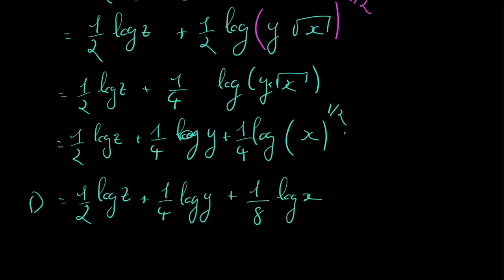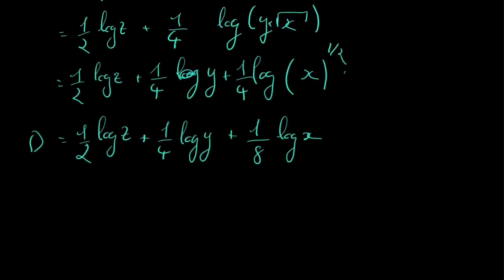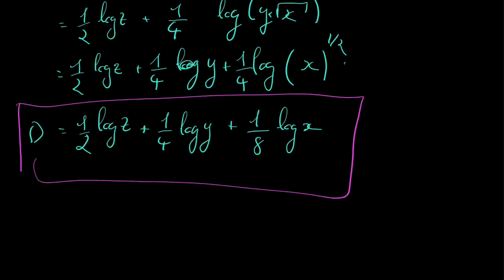D is equal to all of that, and we have turned our very complicated logarithm into an addition of simpler ones. And we are done with this one.